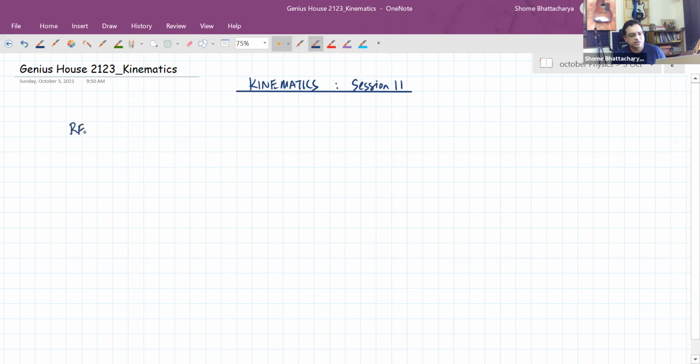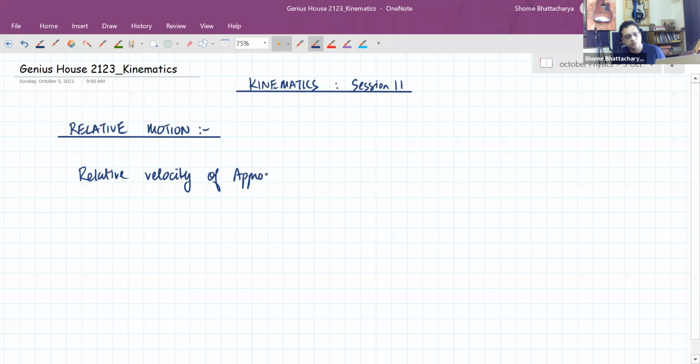Okay. So as I said, we will start with a new definition related to relative motion today. And you may or may not have heard about this term because I'm not sure this is exactly explained 100% in Resnick Halliday or any reference book for that matter. So this is a term called the relative velocity of approach or separation between two moving objects.